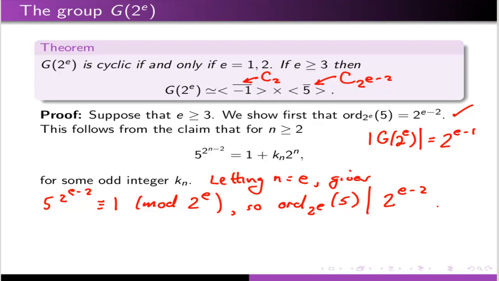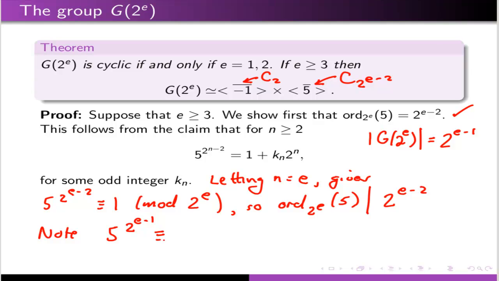And I claim it can't be any proper divisor of 2 to the E minus 2 because, note, if I insert E minus 1 into this relationship, that's of the form 1 plus an odd number times 2 to the E minus 1.